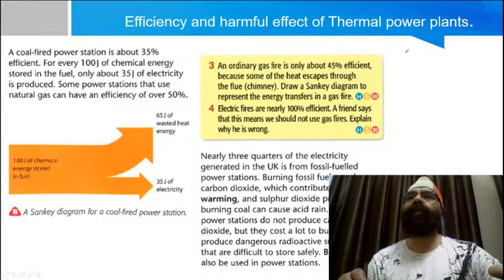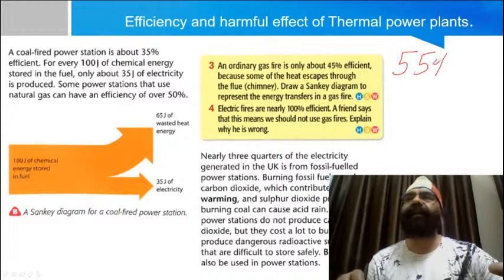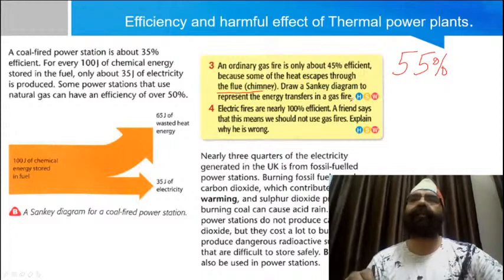Okay, so now 55% of the natural gas is wasted in losing energy in heating up the air surrounding it, which goes out of the chimney. Okay, now you are supposed to draw a Sankey diagram to represent the energy transfer in a gas fire. Okay, how do we do it?